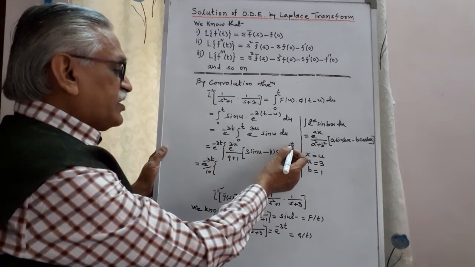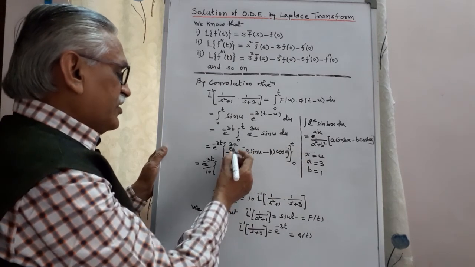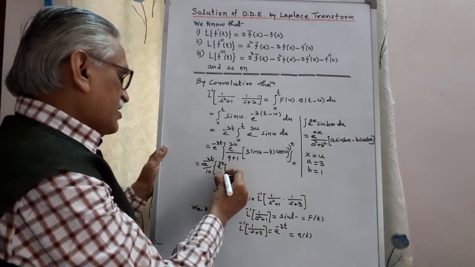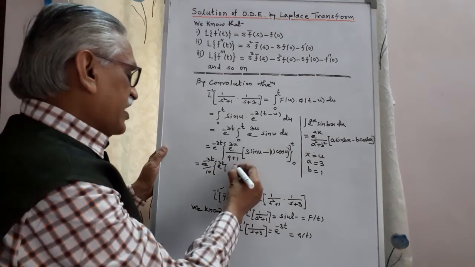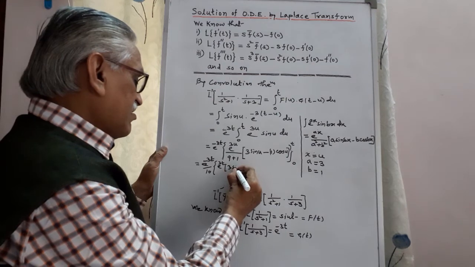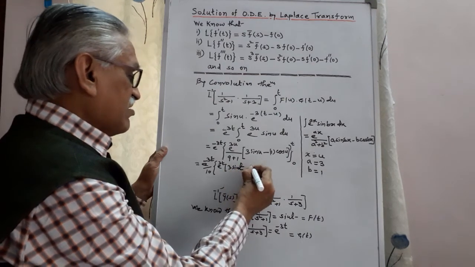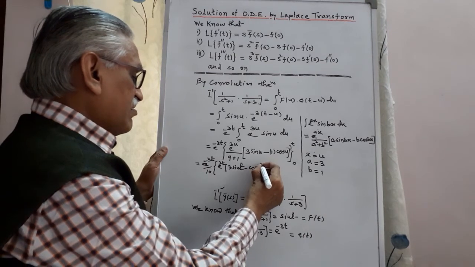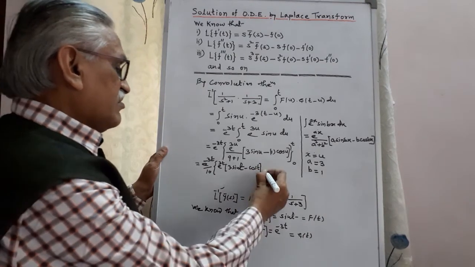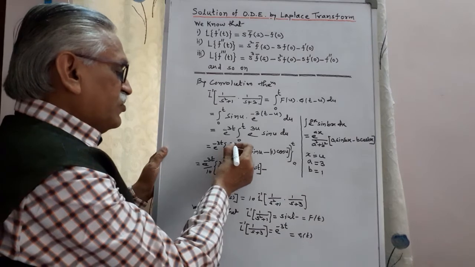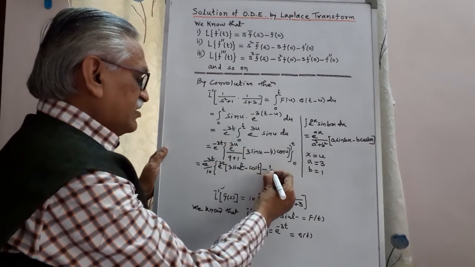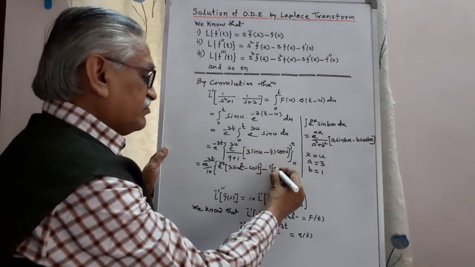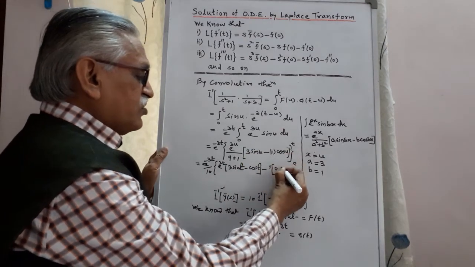Substitute the upper limit for u, that is t, here, therefore e raised to 3t multiplied by 3 sin t minus cos t, minus the lower limit for u, 0, e raised to 0 is 1, into sin 0 is 0, cos 0 is 1.